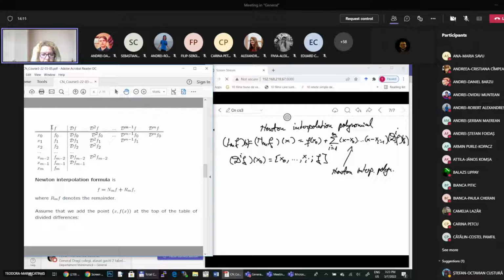I recall that the divided differences table looks like this. We have as first column the points, second column the values of the function at the points, and then we have first degree divided differences, second degree, and so on till degree m.